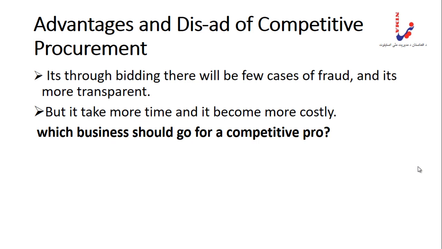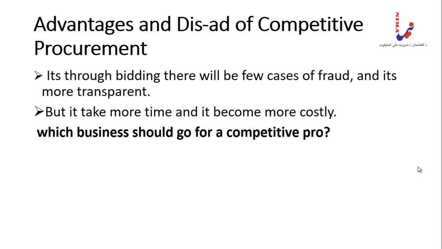The question arises, which business should go for a competitive procurement method? There are a lot of answers, but in my opinion, the business which always purchases commodities or products in high volume, or in bulk form, should go for this method.